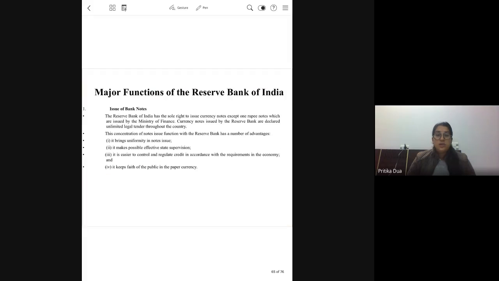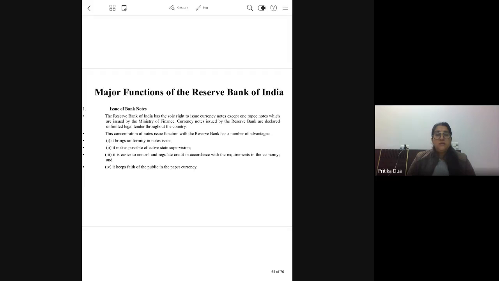Let's come to the functions of RBI. Now, issue of bank notes. RBI is responsible for the printing of all paper currency except for rupee 1 notes, which, as mentioned on the slide, are issued by the Finance Ministry.